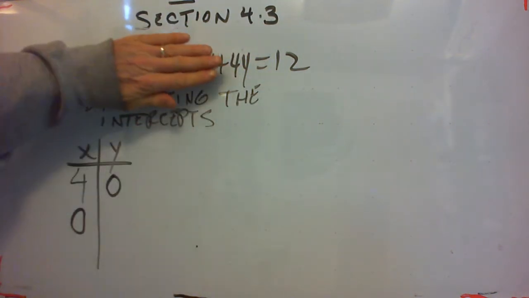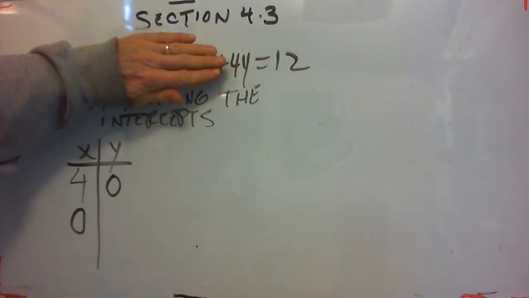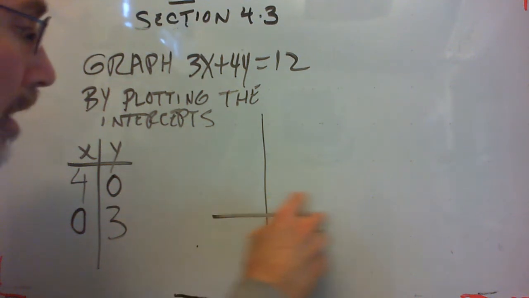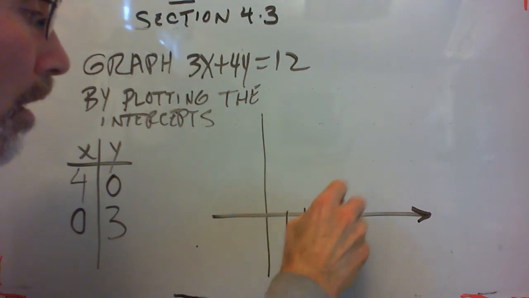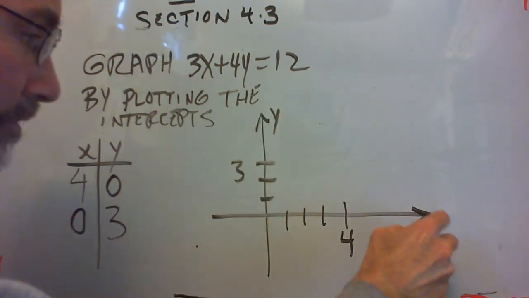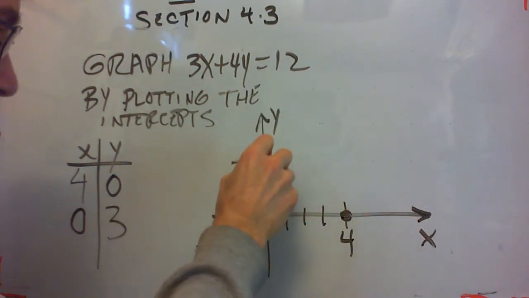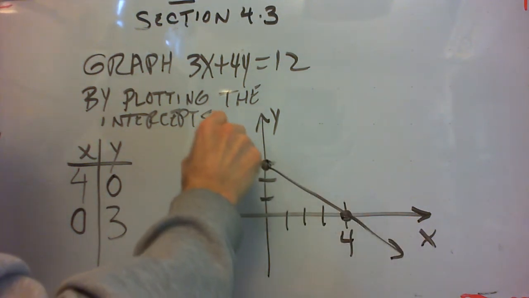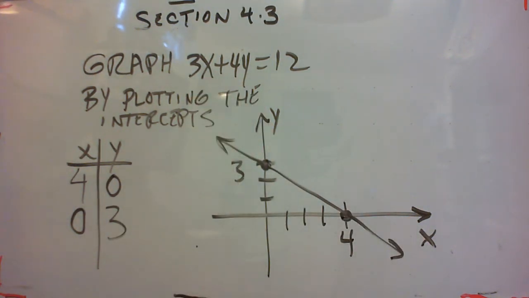And when x is 0, cover up the x term. 4y equals 12, y is 3. So once again, we had a real simple graph. 4, 0 and 0, 3. Those are the 2 points. And that gives us our line.